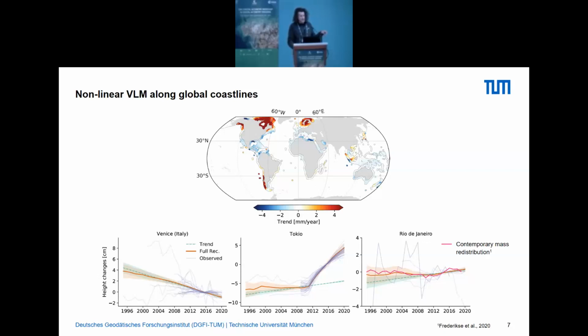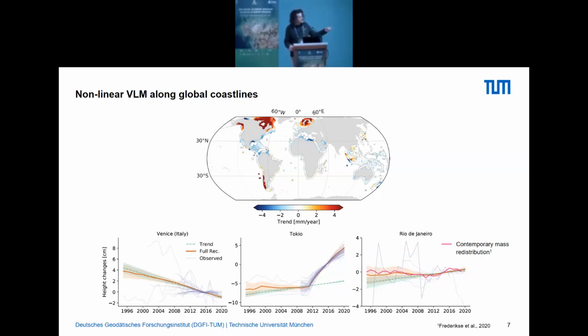And again, you see some effects like subsidence in Venice or this nonlinear effect in Tokyo. And also some smaller variations due to mass loading changes, which also correlate here with a contemporary mass redistribution effect on vertical land motion that was based on Gray's estimates.